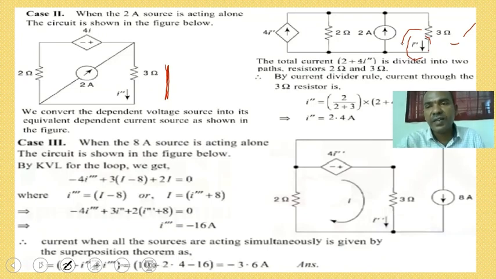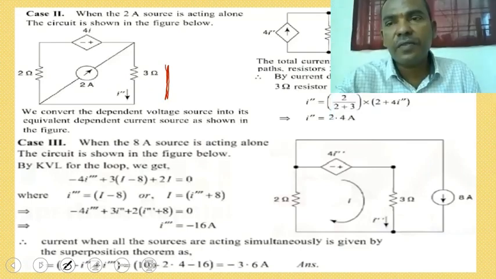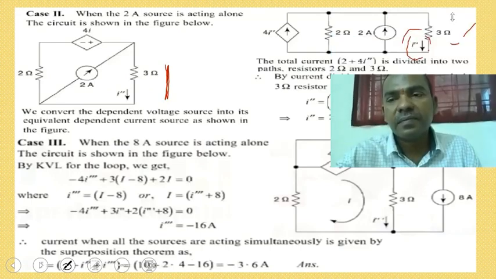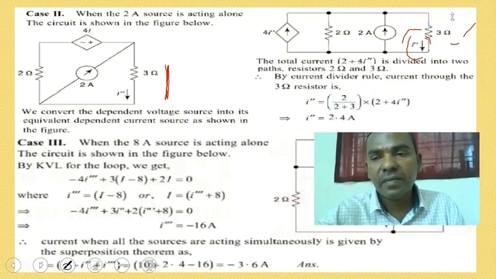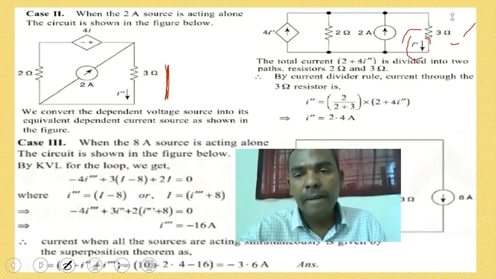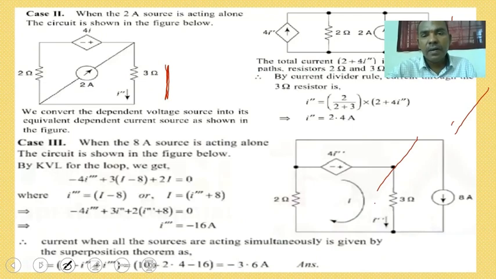So by using the current division method, I double dash is equal to 2 by 2 plus 3 into the net current 2 plus 4I double dash. So finally you can get I double dash is equal to 2.4 amperes.